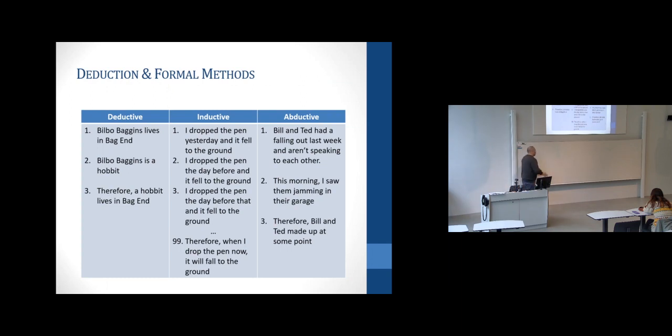So, the place to start, this is hopefully a familiar slide. The place to start is to pull apart different argument types. We talked about this last year, so I won't spend too long. There's deductive arguments, where we have some premises, and they're supposed to get us to the conclusion. The truth of the premises is meant to guarantee the truth of the conclusion. In contrast, we have inductive arguments. This is the kind of thing where we build up a bunch of evidence, and then we make a prediction or a projection about future cases.